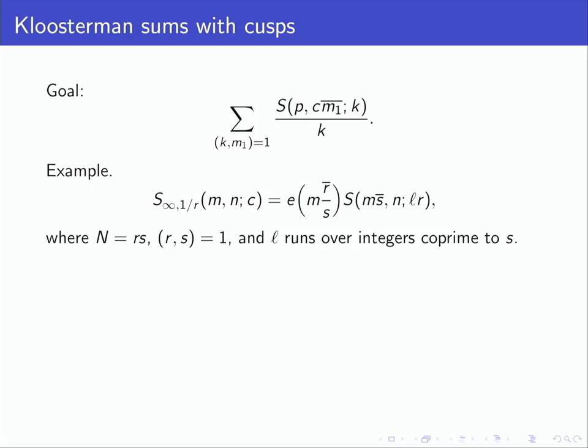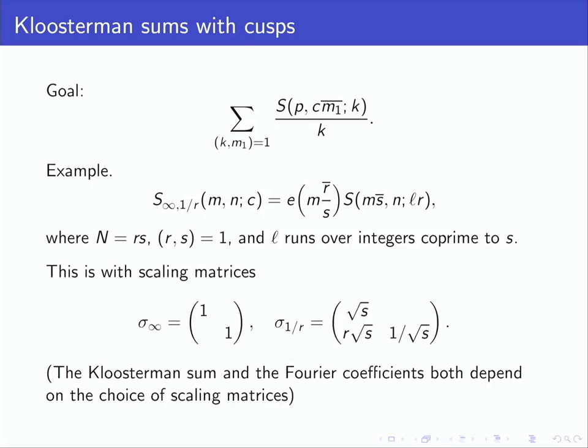So if you get this, then what you do is you look in Deshouillers and Iwaniec and you find an example. They work this out. So you pick the cusp: one cusp is infinity, the other is 1 over r, where your level is r times s, so r and s have to be relatively prime. And then you get your Kloosterman sum, but you've got this additive character. It's sort of annoying that that's there. We don't have that, and actually this would potentially cause some major problems if it was there.